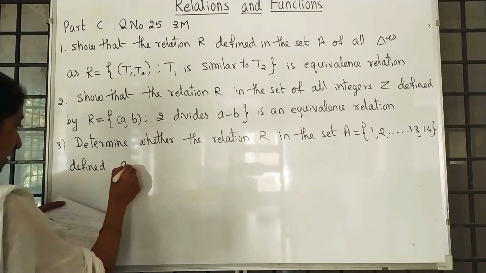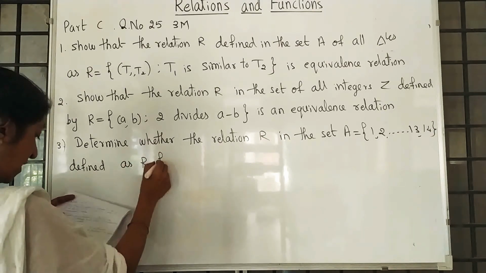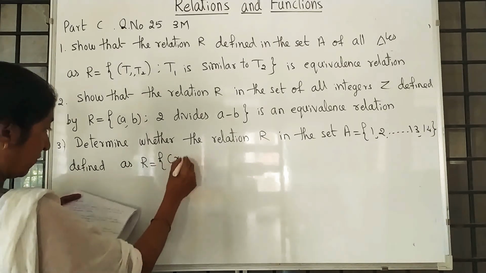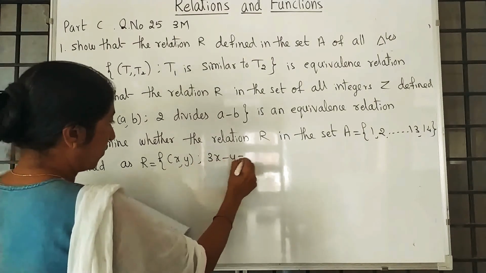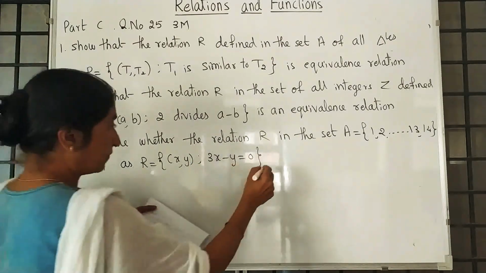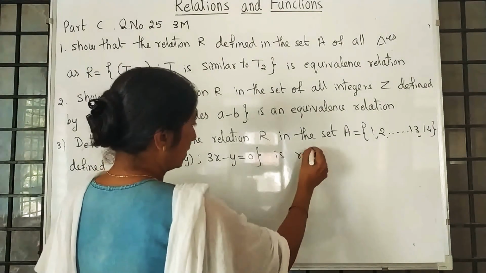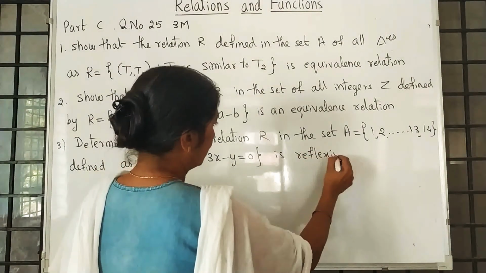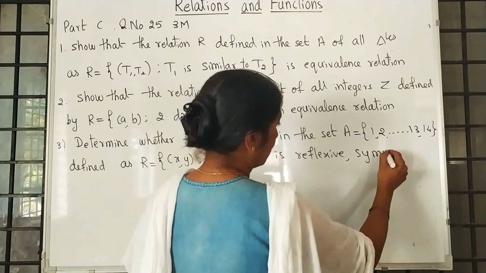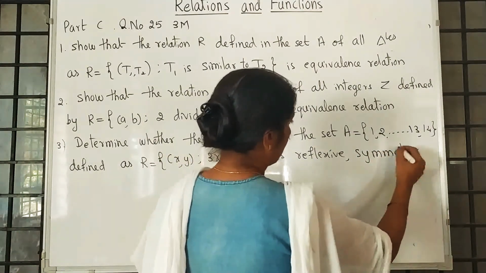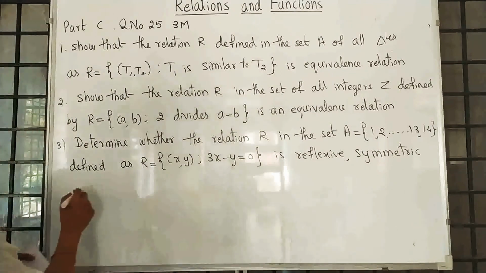Defined as R is equal to x comma y such that 3x minus y is equal to 0 is reflexive, symmetric and transitive.